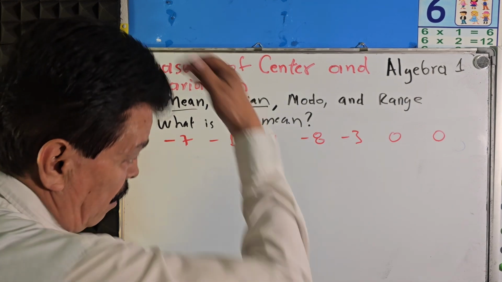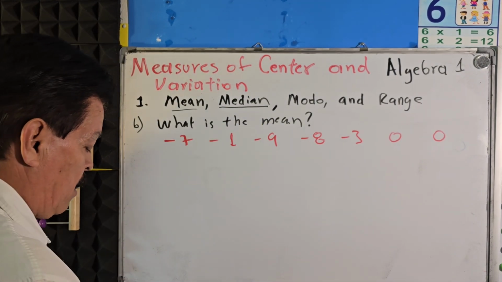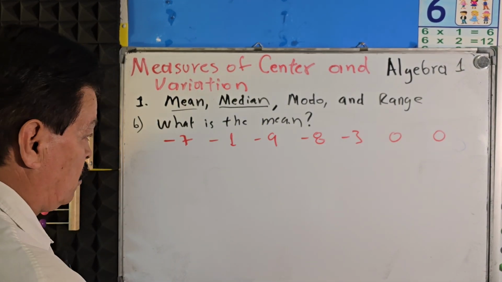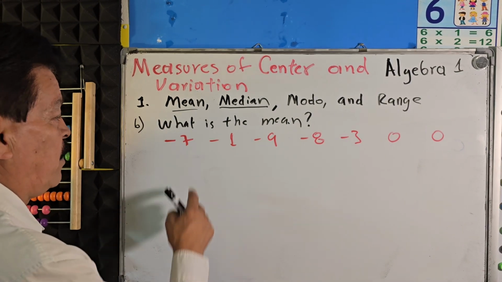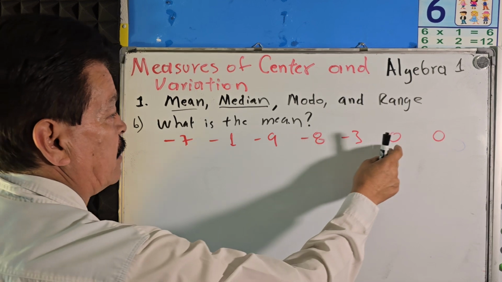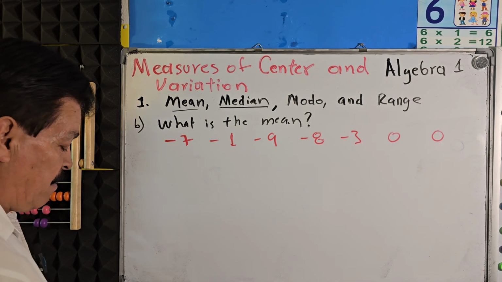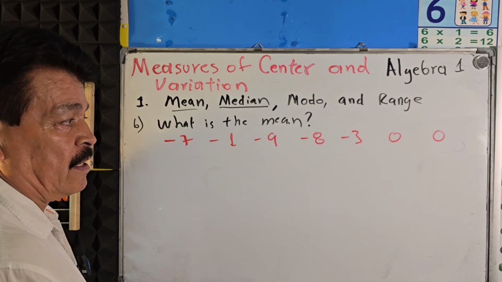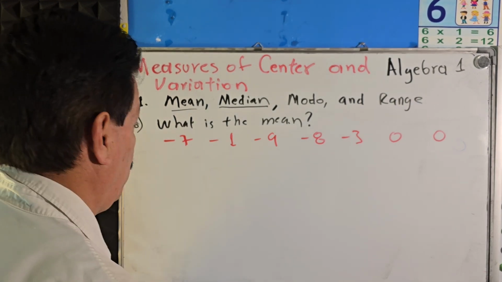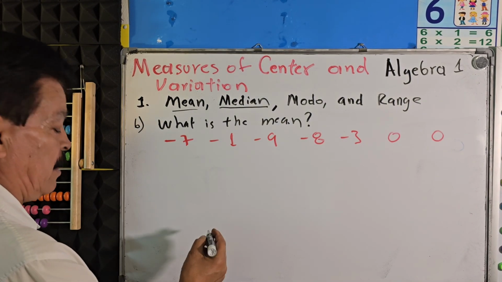So let's go to that step now. First, we have to check how many numbers we have in the group. In this case, we have 1, 2, 3, 4, 5, 6, 7 numbers. We have 7 numbers. Now we have to add all the numbers. So I will do the addition here.